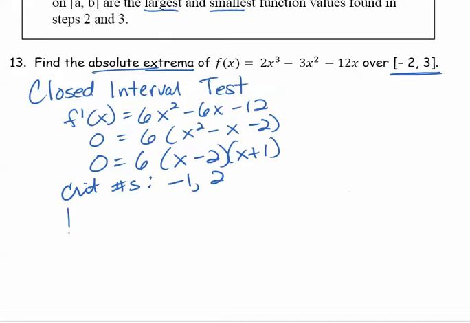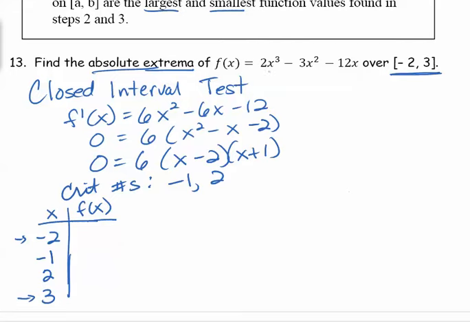So now what we want to do, just like when you were a freshman in algebra, now we want to test the y coordinates at our endpoints, -2 and 3, and in between them are our 2 critical numbers. So we find the y coordinates at the critical numbers and at the closed endpoints. So there's only 4 points that could possibly be the absolute extrema.